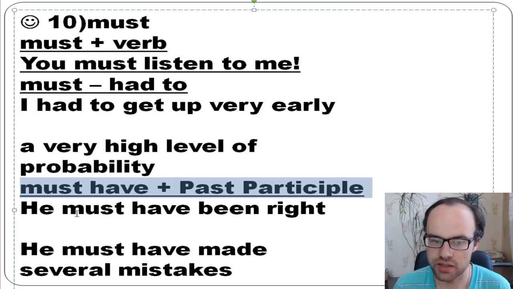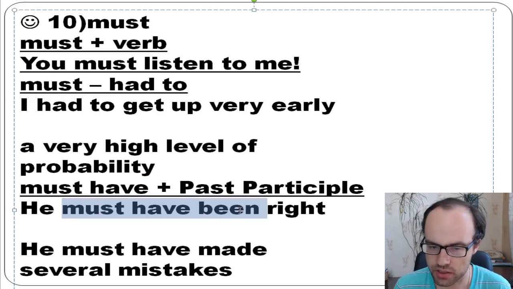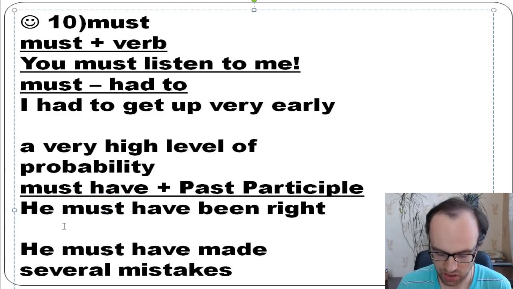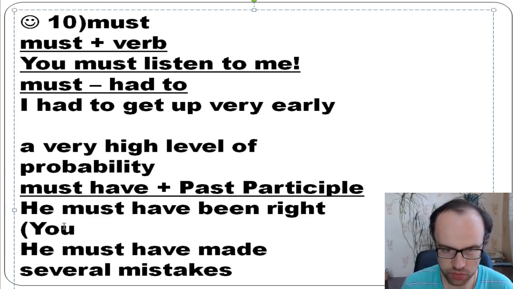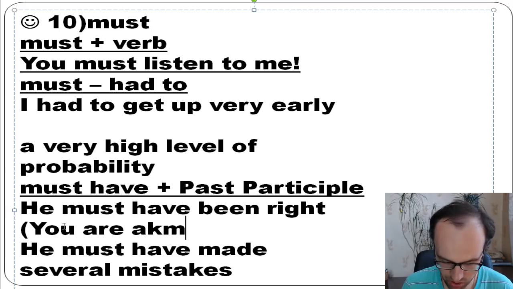He must have been right. He must have been right, okay. So it's about the past. It means that you're almost sure, but not absolutely.